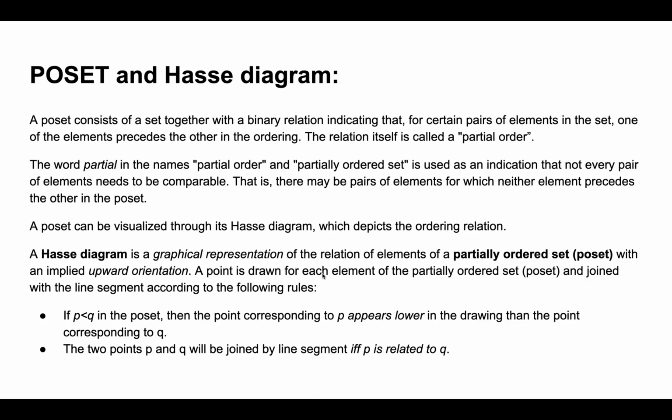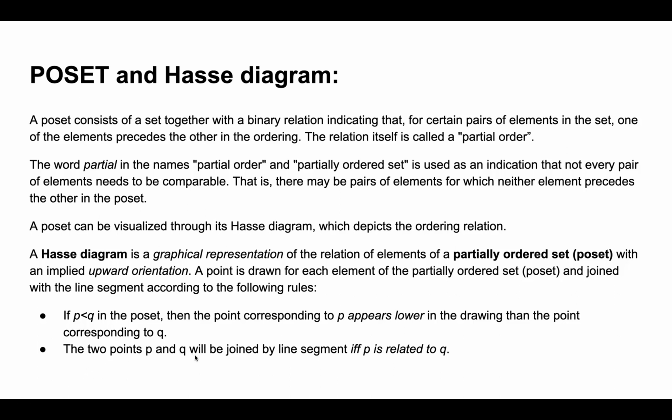A point is drawn for each element of a partially ordered set and joined with line segments according to the following rules. If P is less than Q in the poset, then the point corresponding to P appears lower in the drawing than the point corresponding to Q.